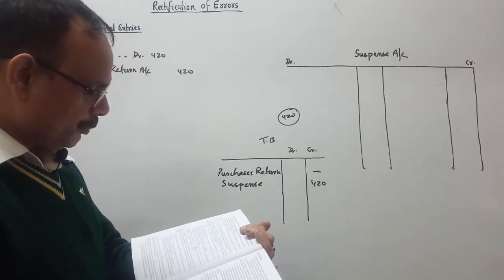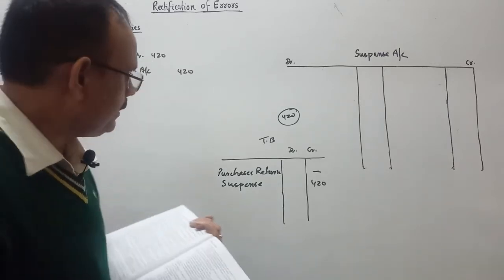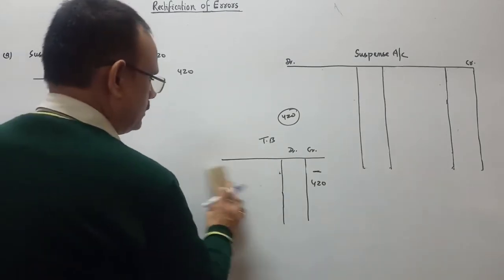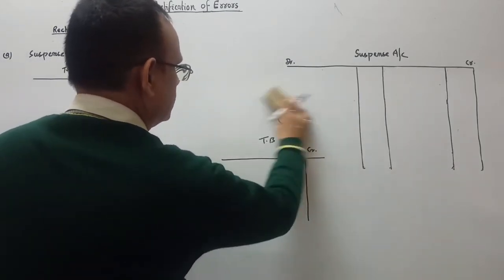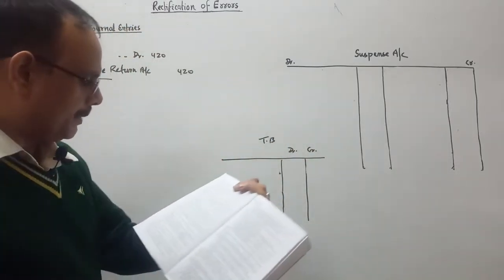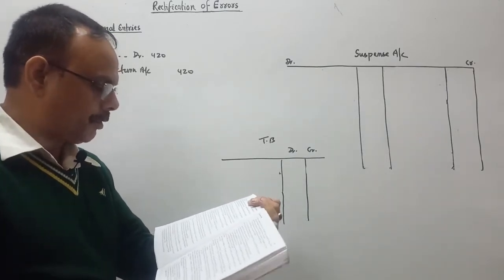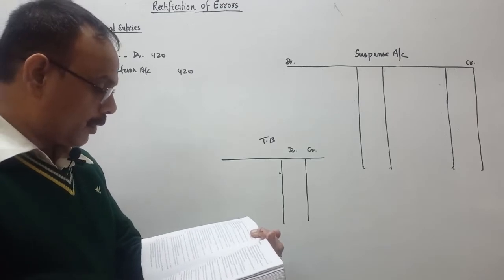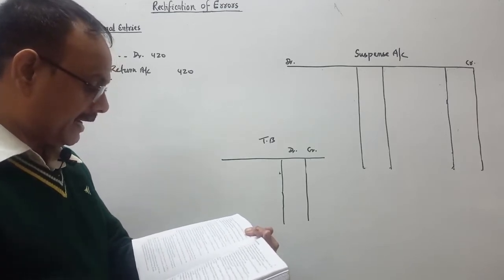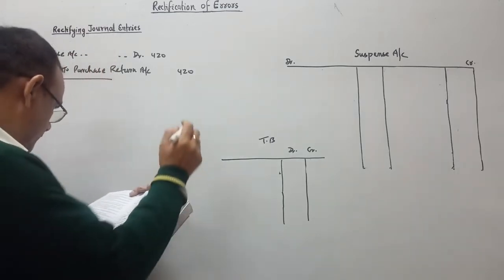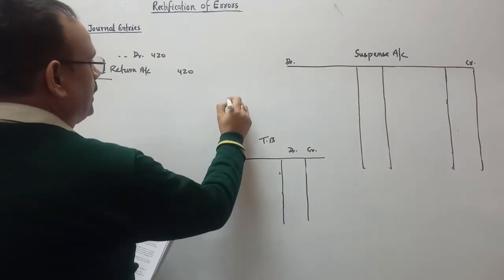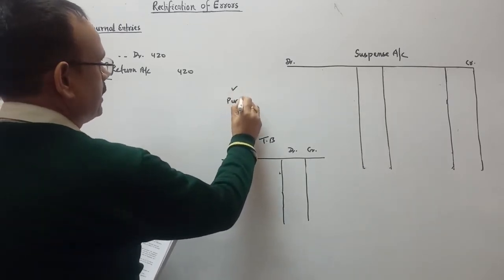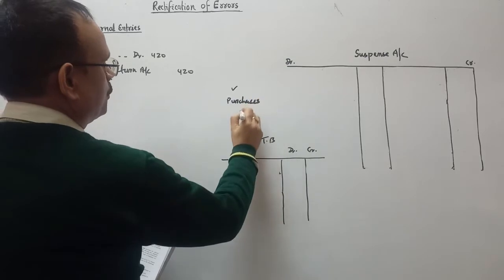a purchase of rupees 350 from Y has been entered in the sales book. However, Y's account has been correctly entered. For purchase from Y, the right entry should be purchase account debit to Y's account.